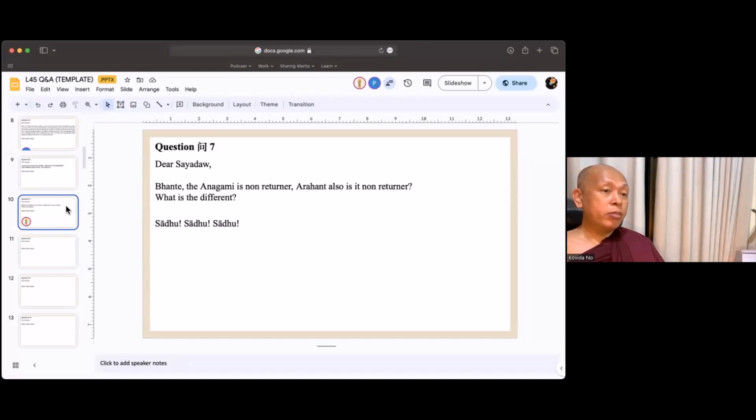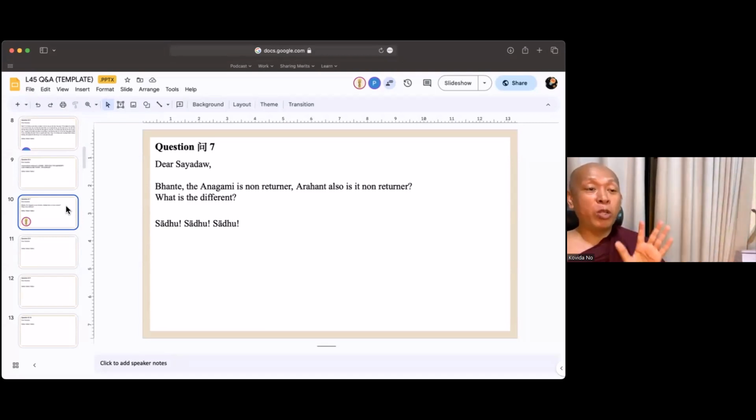Bante, the anagami is a non-returner. Is the arahant also not a non-returner? What is the difference? Anagami, non-returner, means they don't come back to human realms or to sensual realms.